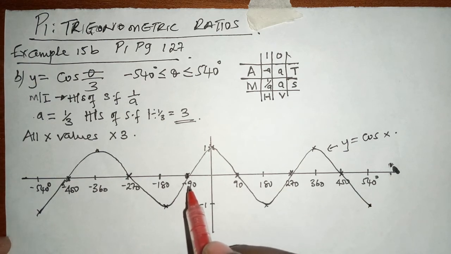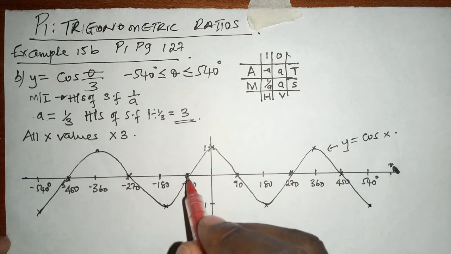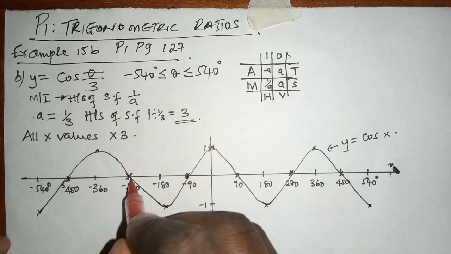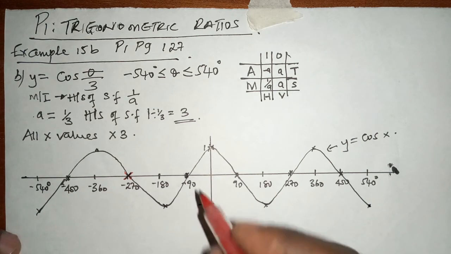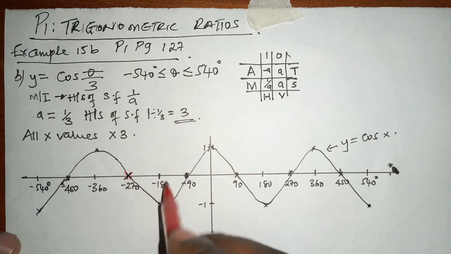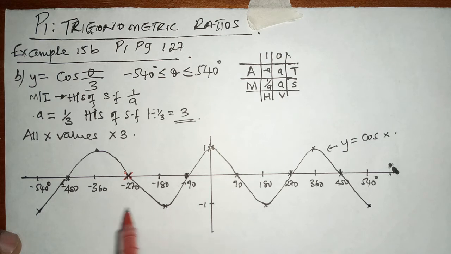When x was minus 90, minus 90 times 3 is minus 270, so this point lands there. Minus 180 times 3 is minus 540, so this point, where the value of y does not change, lands here.